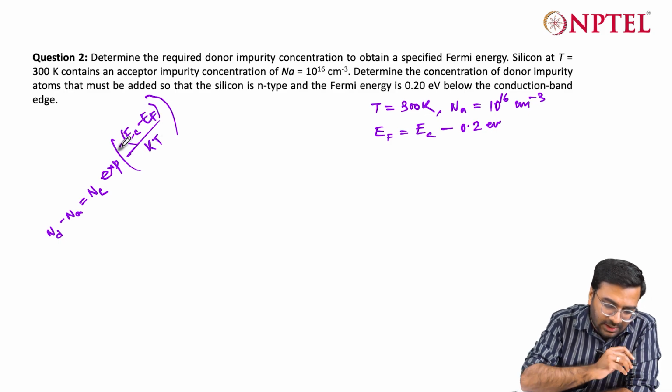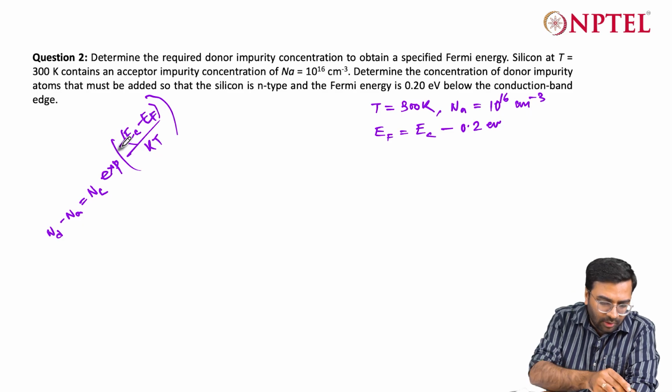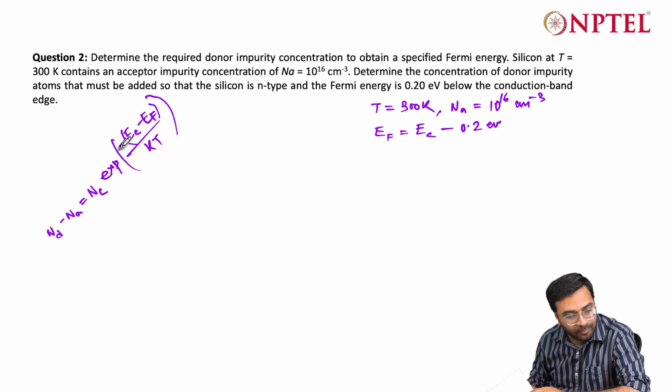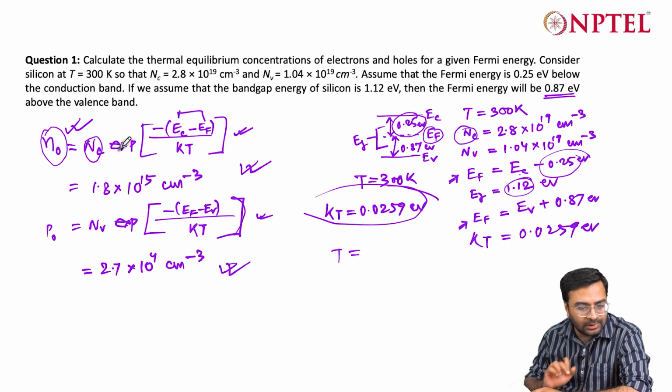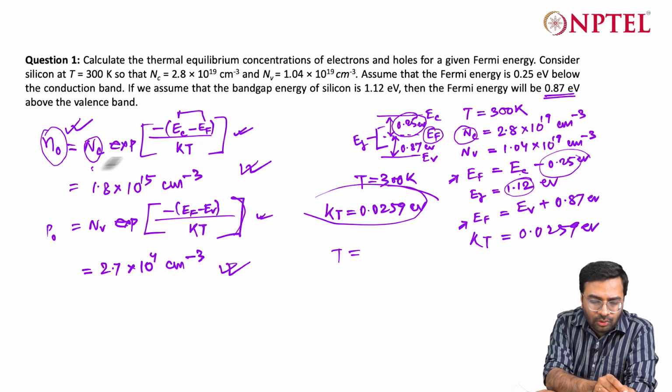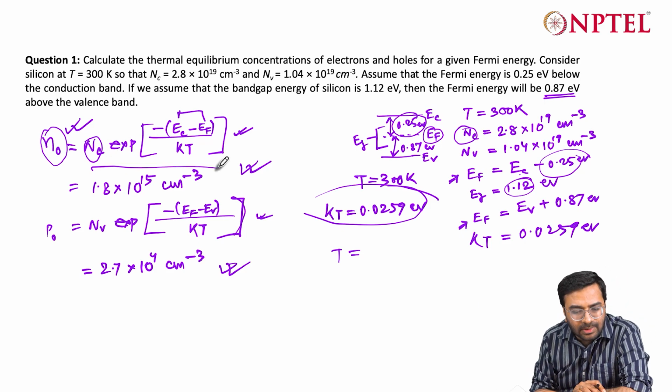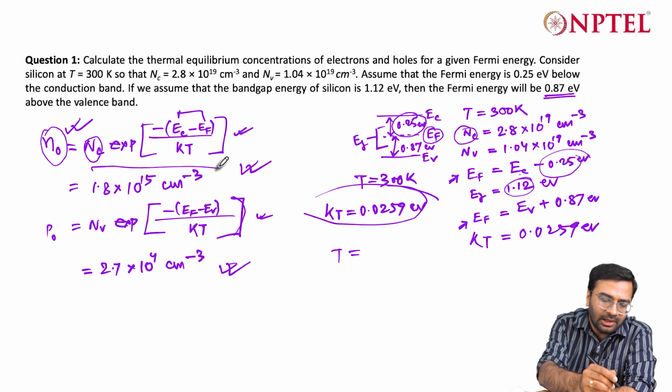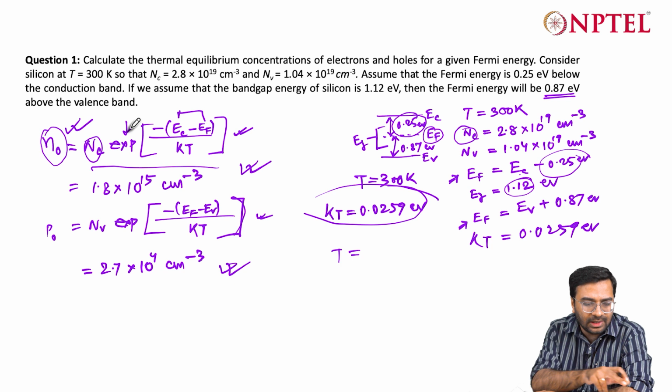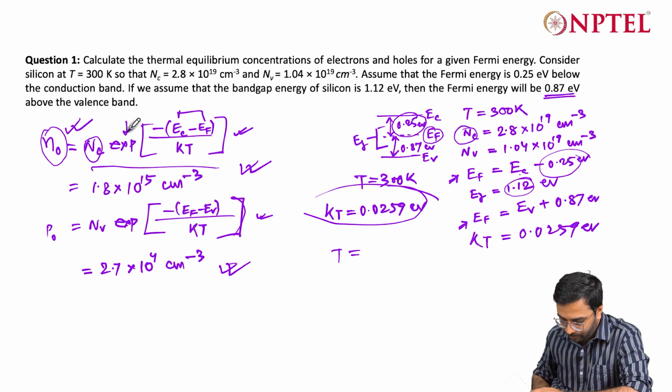So, there is a minus sign also, right. Now, previously also we have written similar expression. If you look at here, Nc exponential minus within bracket Ec minus Ef divided by Kt, right. That is the value of your equilibrium concentration of electron.